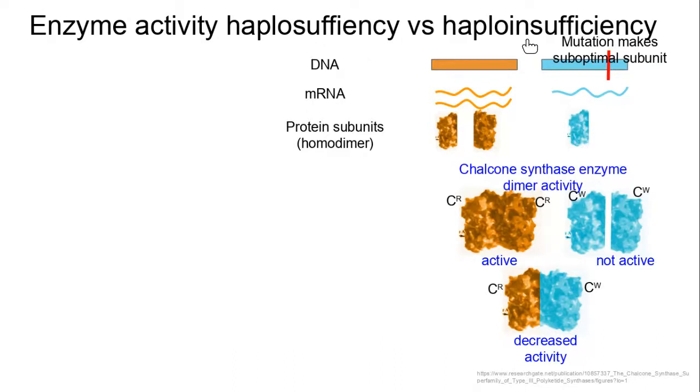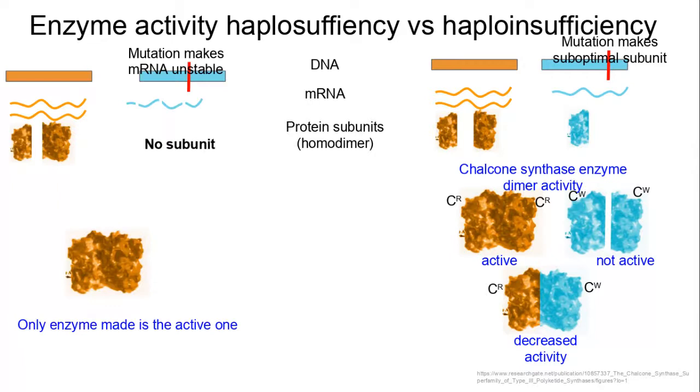In haploinsufficiency, if you have only one version of the functional allele, which would be this one, it's not enough to produce the phenotype of when the allele is functional. And in the case of haplosufficiency, having one allele is enough to make the same phenotype as when both alleles are functional.